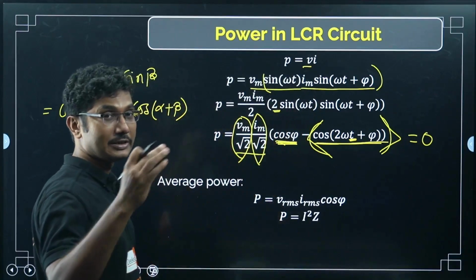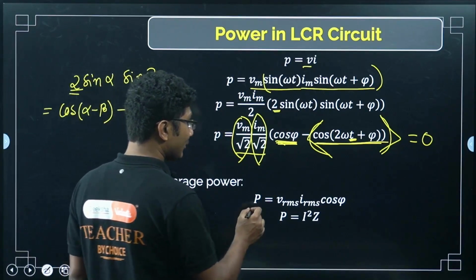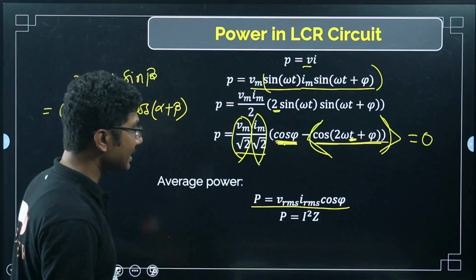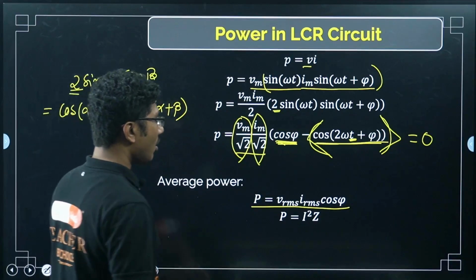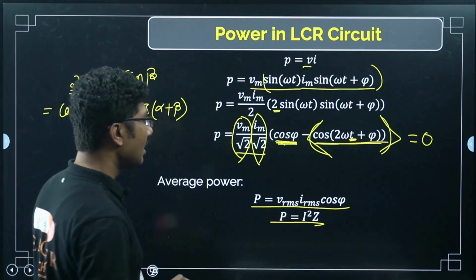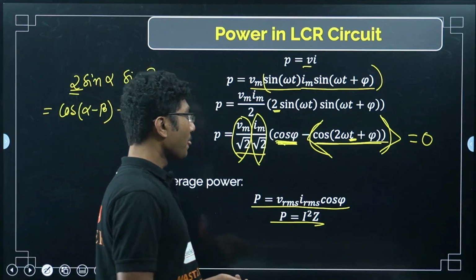I am assuming obviously that the angle is from 0 to less than pi by 2. So in that case you can write that average power is VRMS IRMS cos phi, or P equals I square Z is also another formula, we know that. You can write in terms of that also, right?